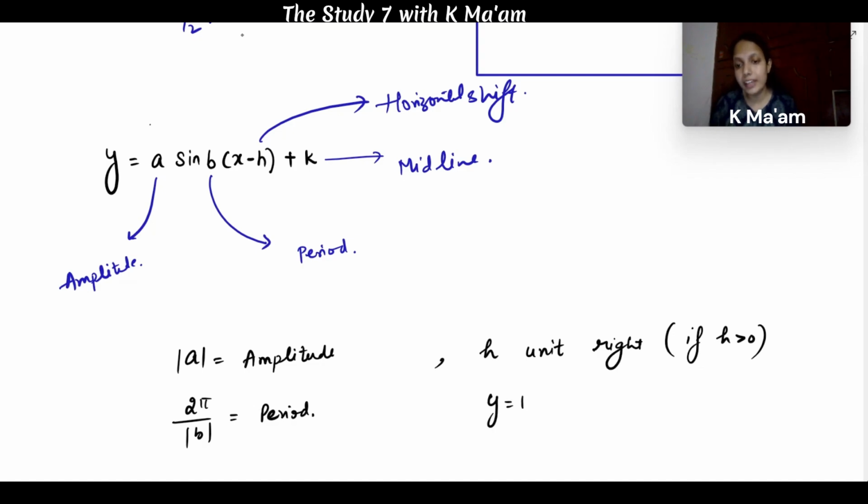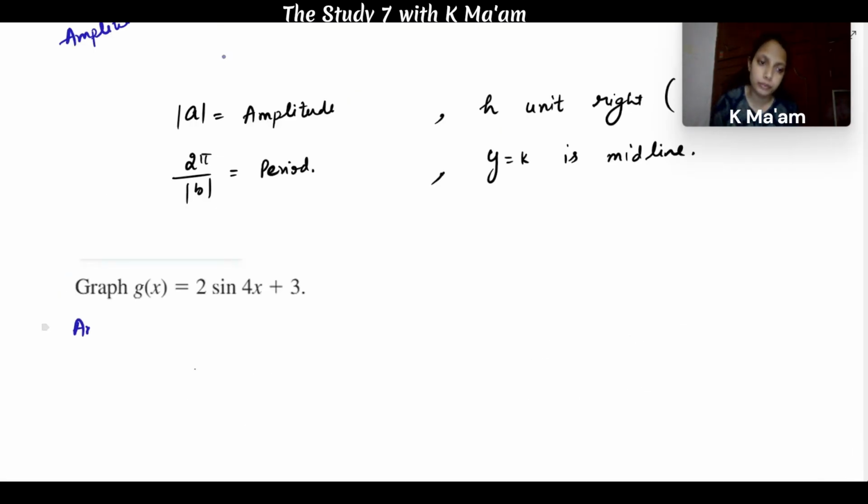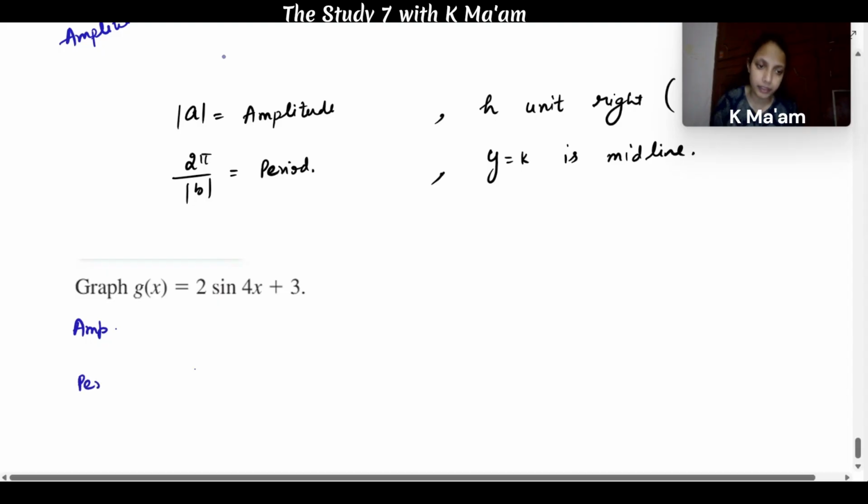Midline: y equals k is the midline. Okay, let's have an example, maybe it will be more clear then. We are calculating amplitude, period, shift and midline.